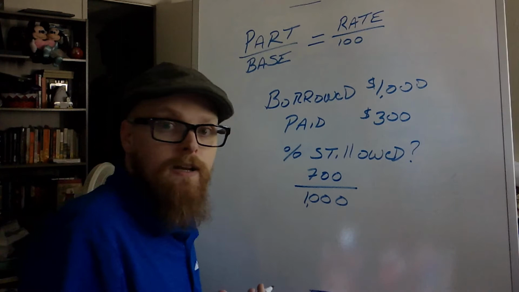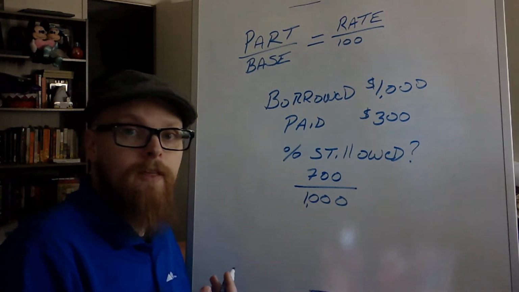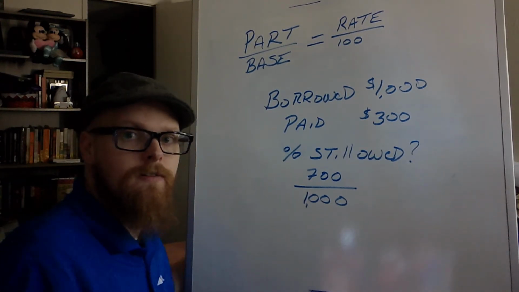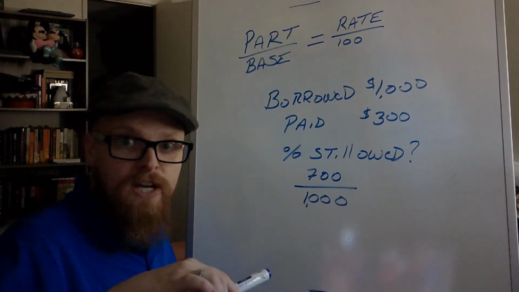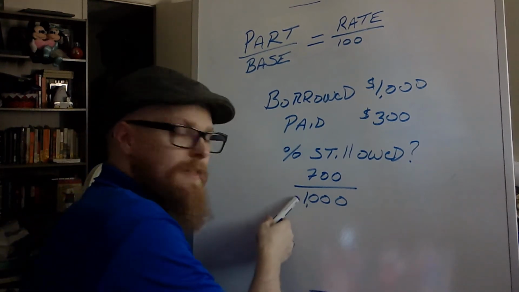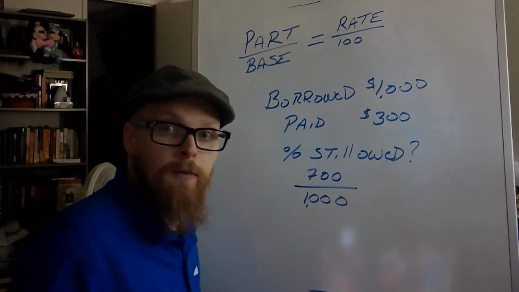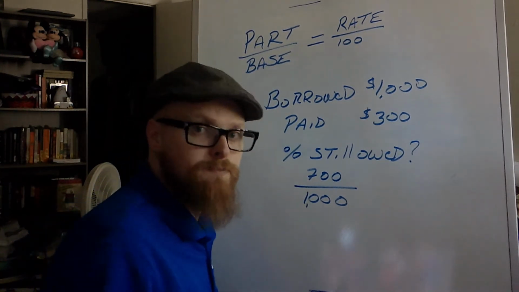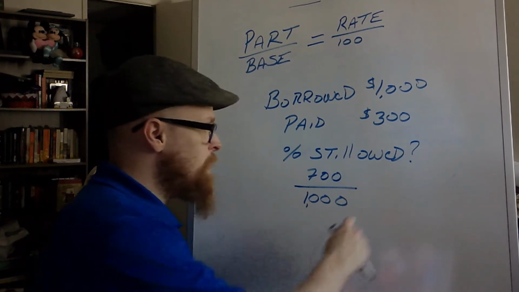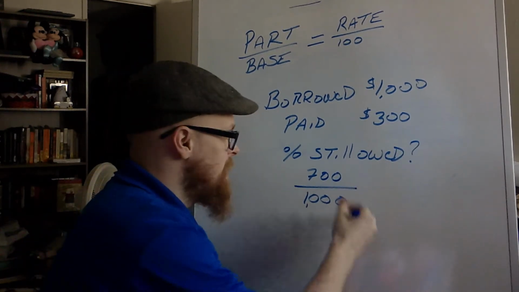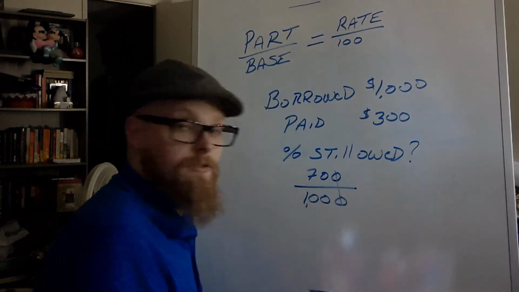So I've got 700 over 1,000. That will give me a percentage. And again, we just finished doing the percentage from a fraction. You may be thinking, well, we're over 1,000 this time. It can still be figured out. The easiest way to do it: if you have a 0 on top and a 0 on bottom, you can cross them out.